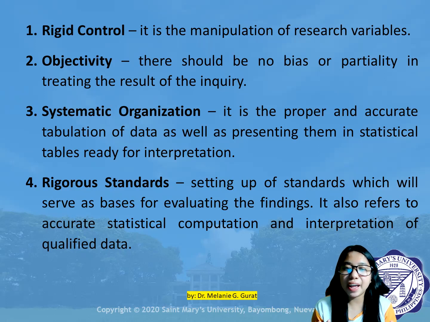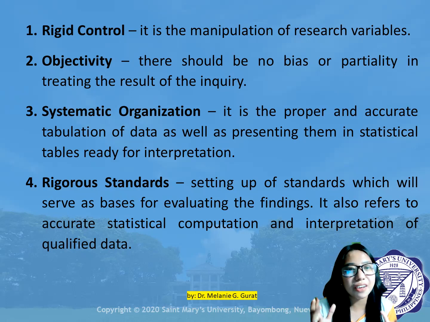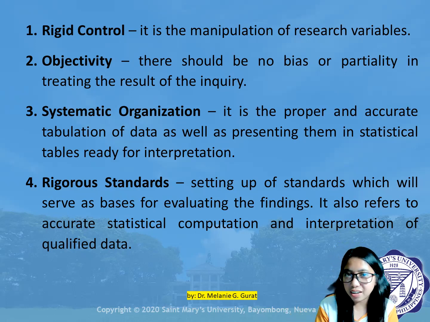In such a way that you can control the effect of maybe the IQ or the intelligence of the students, so that the conclusion, or the generalization rather, is not affected by that characteristic of the individuals or by the group, that they are already intelligent. That's why the score, for instance, is already high.